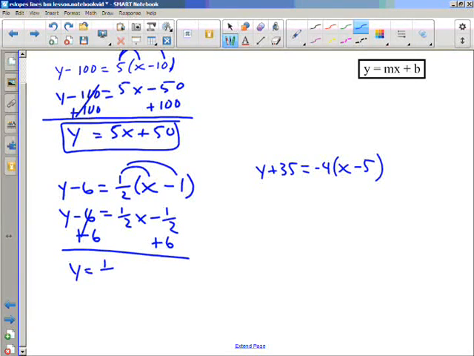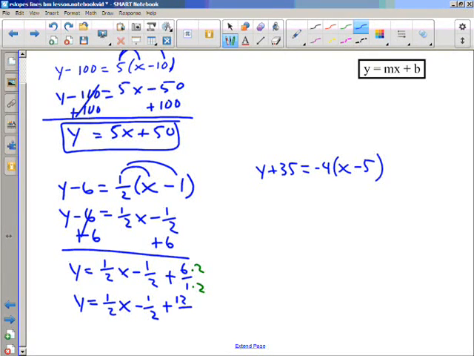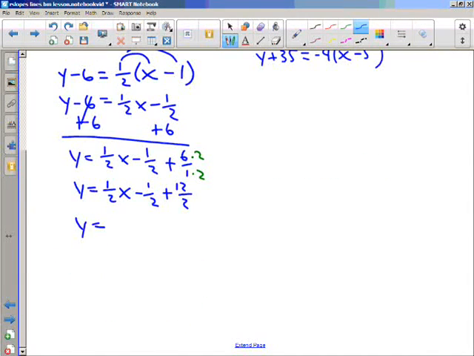So this becomes y equals 1/2 x minus a half plus, think of it as 6 over 1. 1 turns into a 2 by multiplying by 2, so we multiply top and bottom by 2, and we get y equals 1/2 x minus 1/2 plus 12 halves, and that is y equals 1/2 x plus 11 halves.